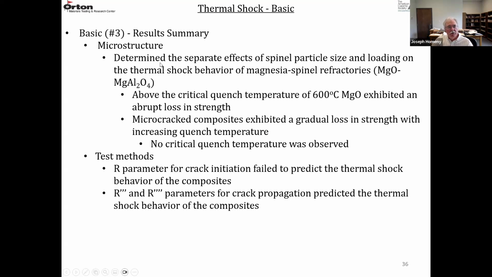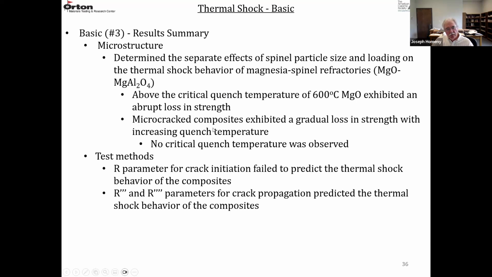So for the microstructure, the separate effects of spinel particle size and the spinel loading on the composite materials, the magnesia spinel composites. Above a critical temperature, 600 degrees C, MgO, which is not a composite material, exhibited a significant loss in strength.